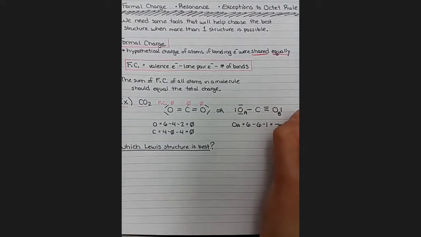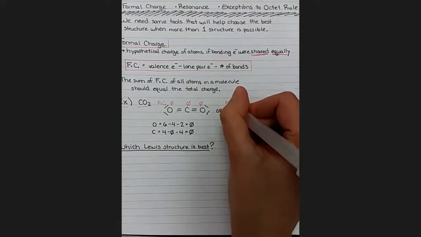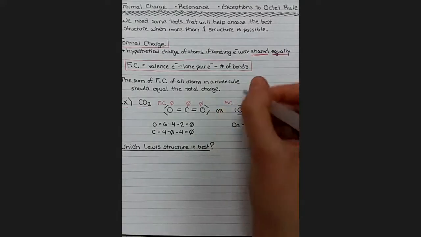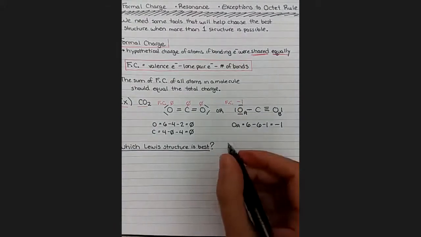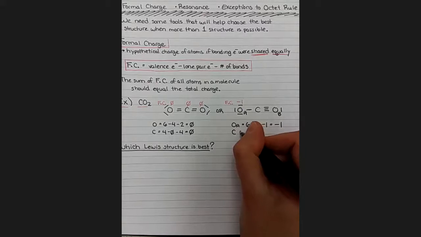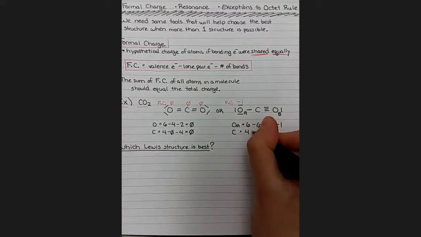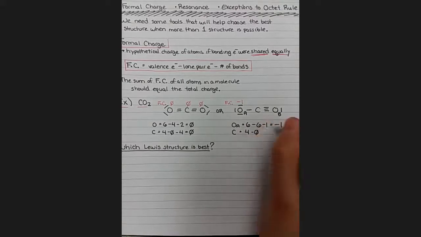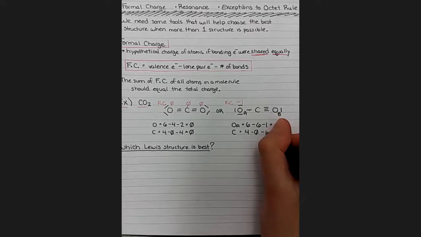So it's going to have a formal charge of -1, which is possible. We are looking for positive, negative, or 0 formal charges. Let's do the carbon next because it's the next one to the right. Carbon has 4 valence electrons. It does not have any lone pair electrons around it. And it has 1, 2, 3, 4 bonds in this molecule as well.